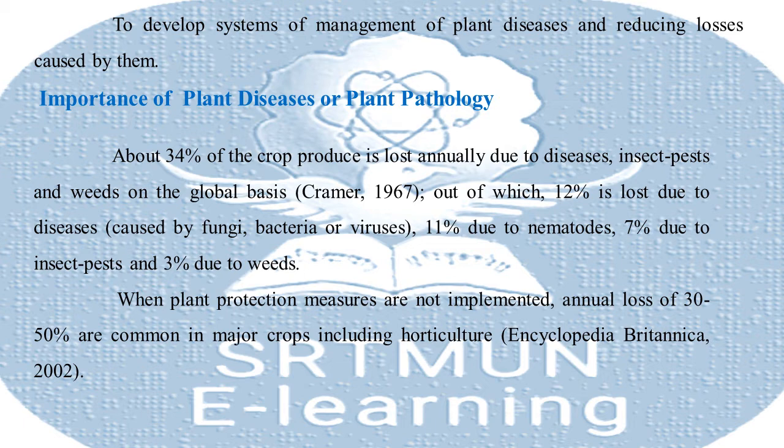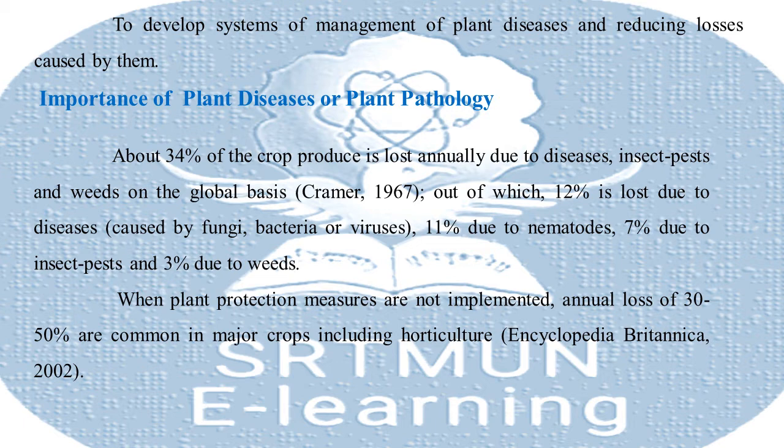Now, next point, importance of plant diseases or plant pathology. About 34% of the crop produce is lost annually due to diseases, insects, pests, and weeds on a global basis.